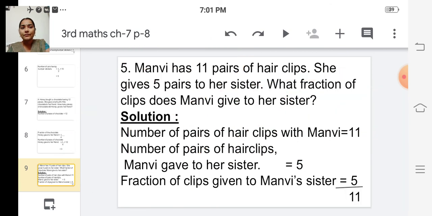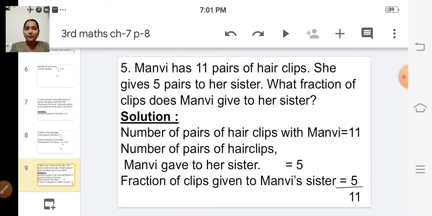Okay. So look at the solution. Number of pairs of hair clips with Manvi is 11. Number of pairs of hair clips Manvi gave to her sister is 5. So the fraction of clips given to Manvi's sister is equal to 5 by 11.